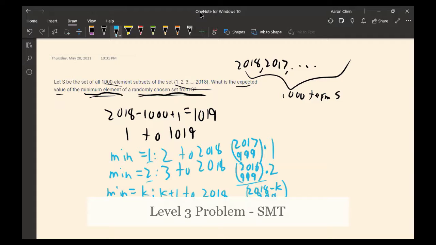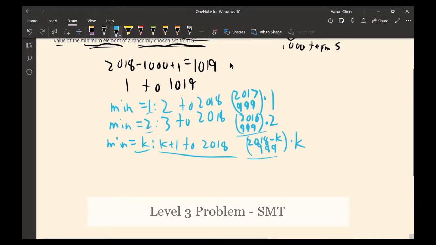And so the contribution to the expected value that this has is just a multiplier of k, because the minimum value is k in this case. And so what that means is that the total expected value is the probability multiplied by the value that you'd get.